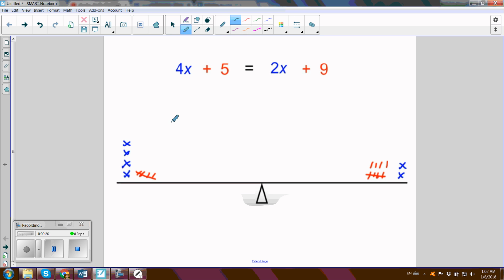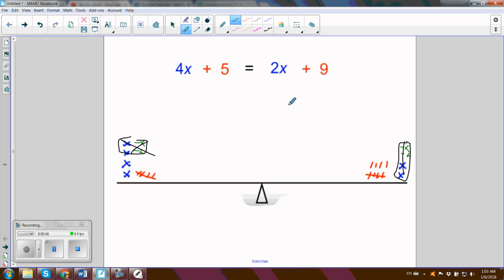We canceled out these two x's here with two negative x's, and we put two negative x's over here on the left as well, and we had these cancel out, and all of those canceled out.